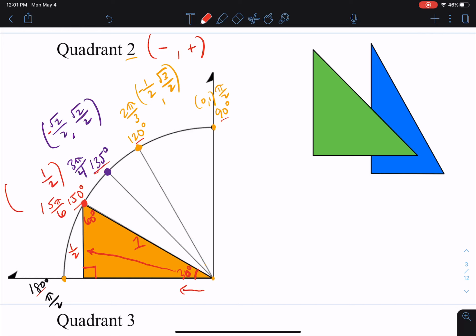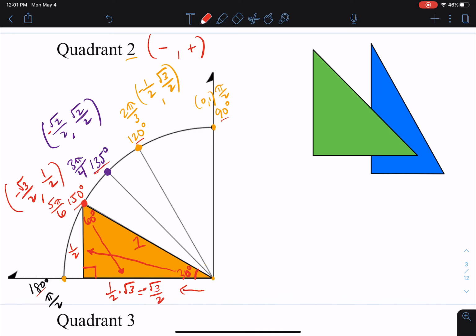And then the side opposite of 60 is going to be the shorter side times the square root of 3, which is the square root of 3 over 2. Again, because I'm going left, because I'm in quadrant 2, it's going to be negative the square root of 3 divided by 2.